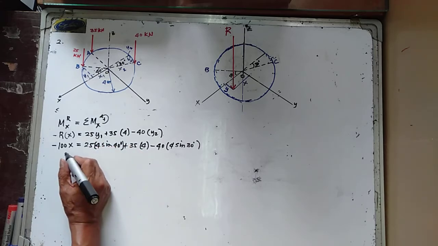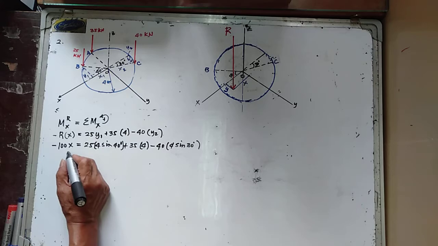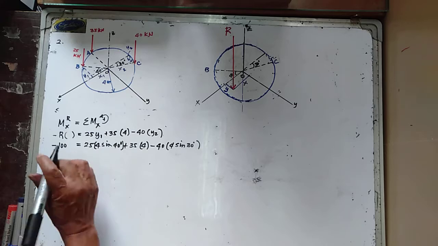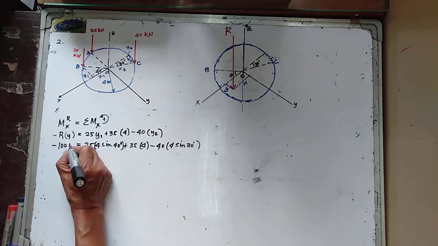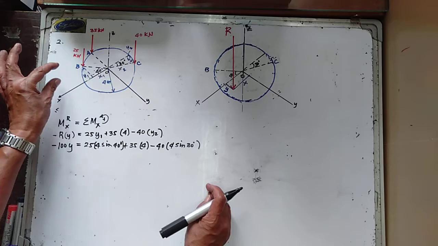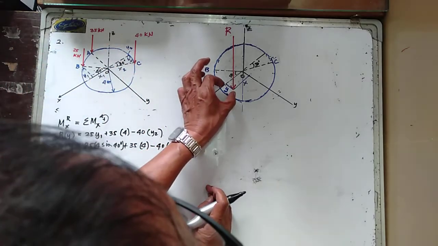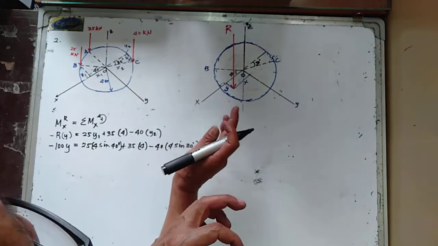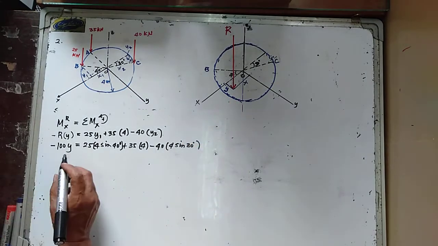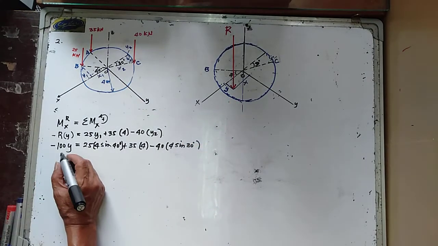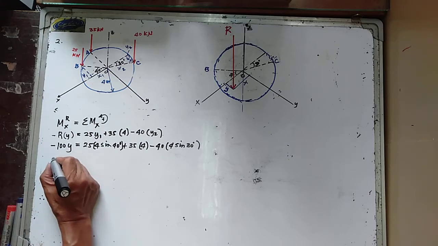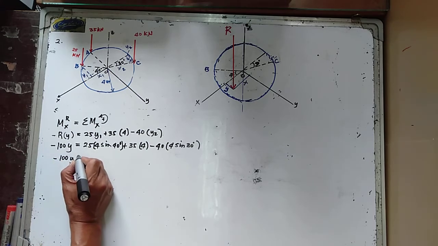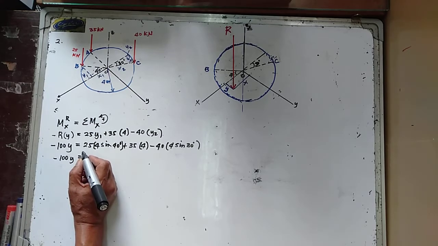So that is your R multiplied by y. So that is the moment arm about the x-axis. Hence, the value of y. So we have negative 100y is now equal to the sum.